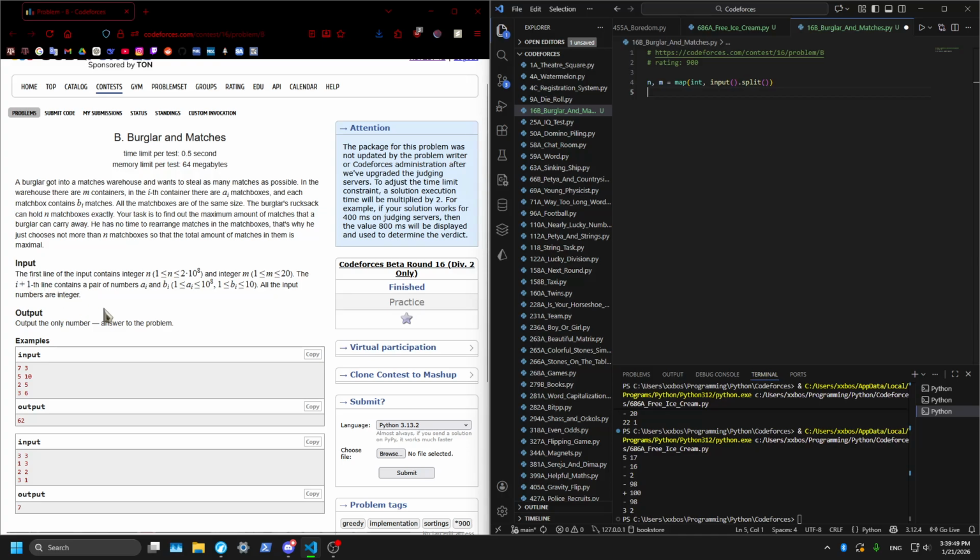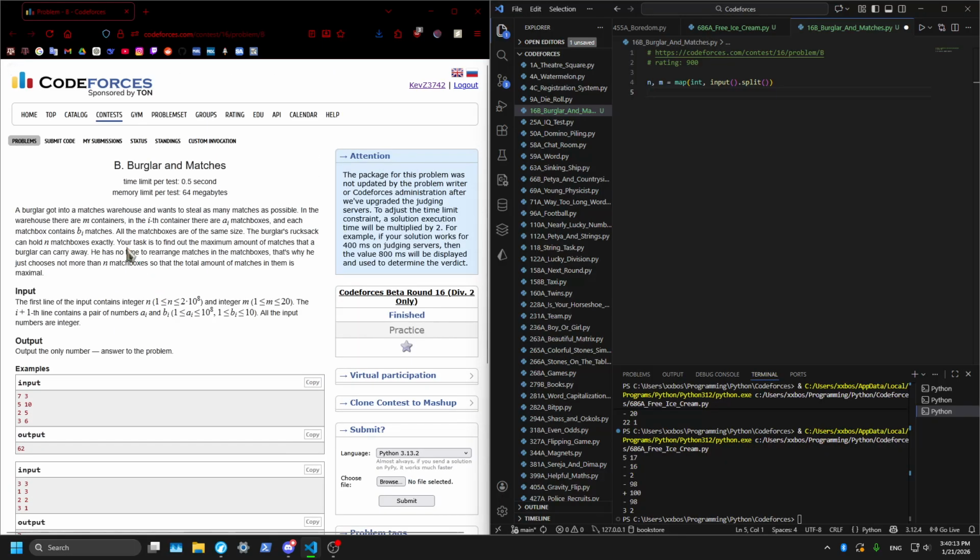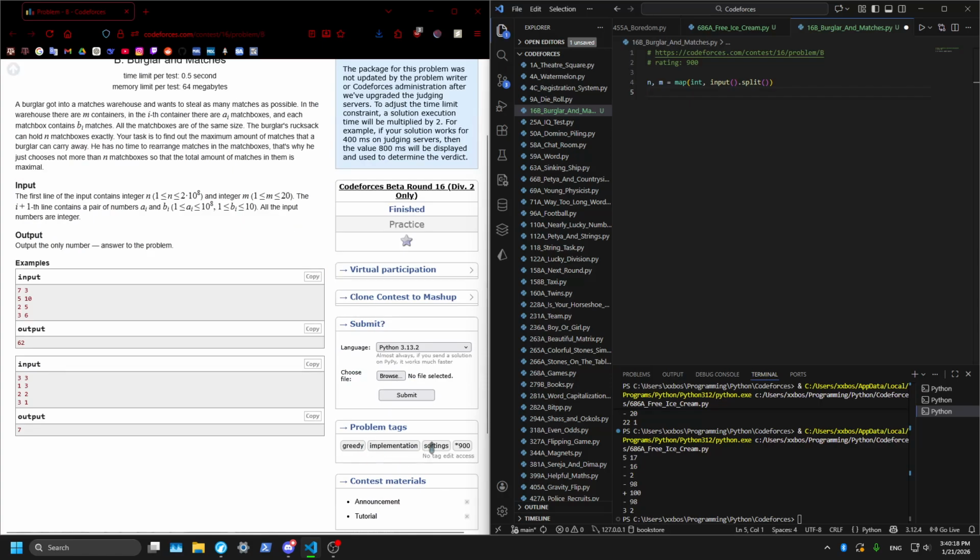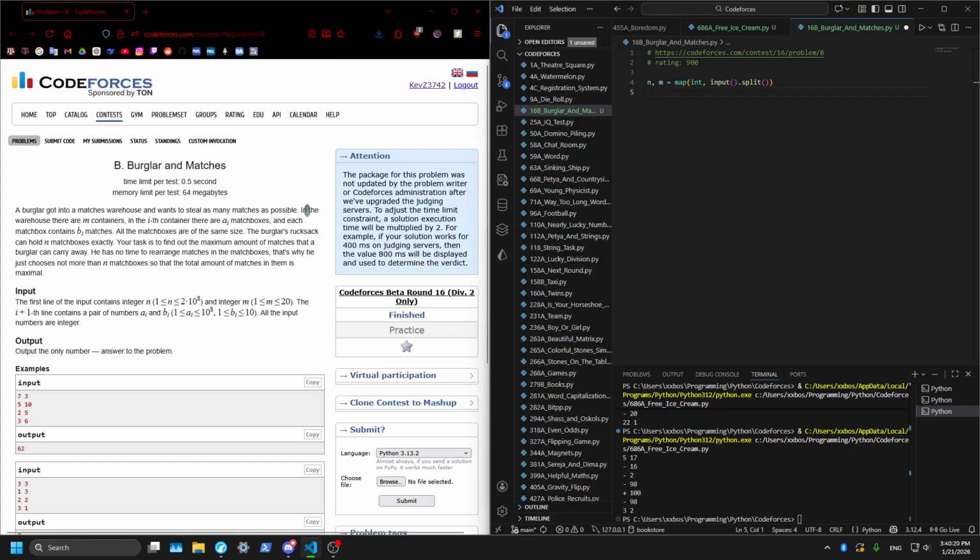The I plus 1th line contains A and B. There's greedy implementation sorting. In the warehouse there are M containers. The ith container has AI matchboxes.